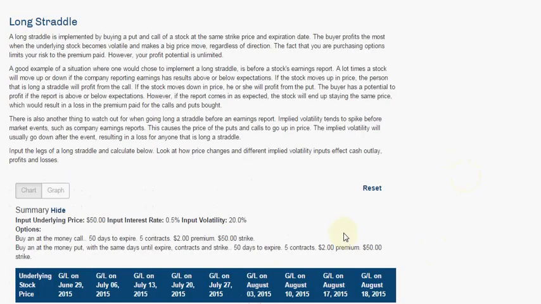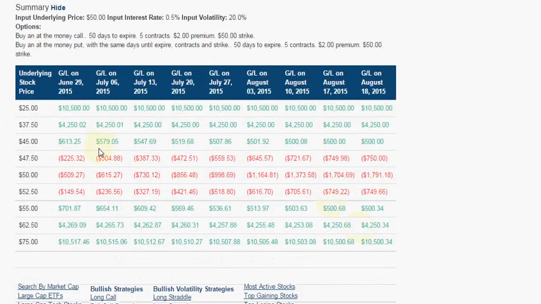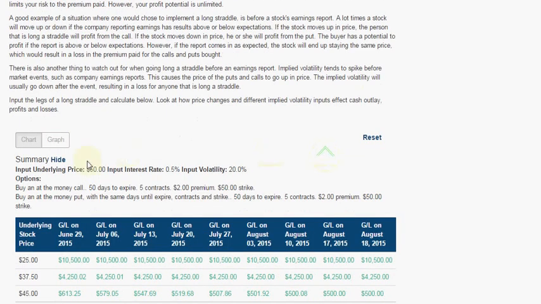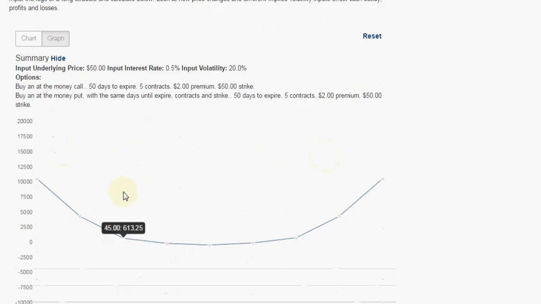If you calculate the price, you see the long straddle. The way it plays out here is, if the stock goes up or down a lot, you will make money, but in the middle, you lose money. So that's the way a long straddle looks.